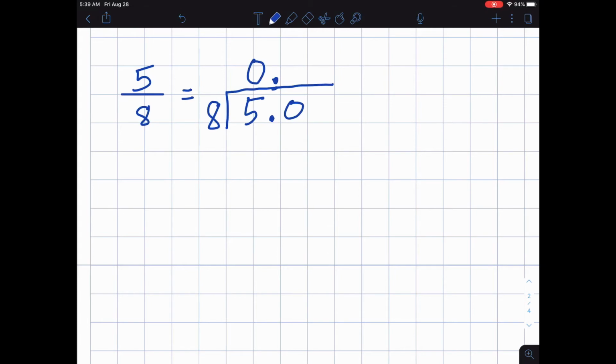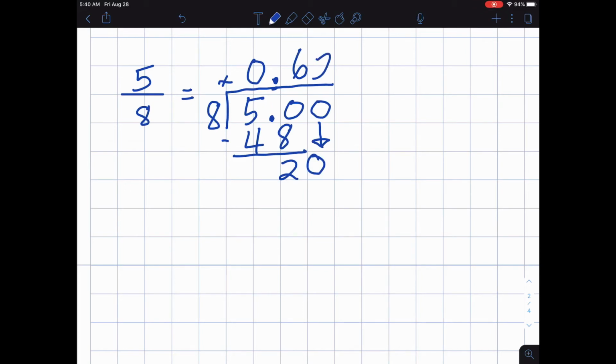Now let's divide. How many 8 goes to 50? The answer is 6. 6 times 8 is 48. The next step is subtraction. 50, take away 48, simply 2. Now there's nothing to bring down here. So what you have to do is, you borrow another 0, bring it down, make that a 20. What is 20 divided by 8?